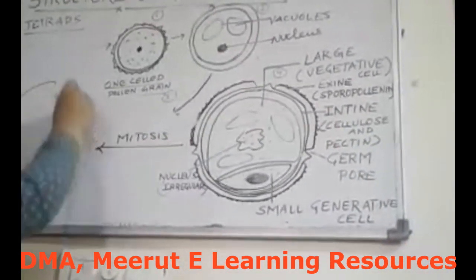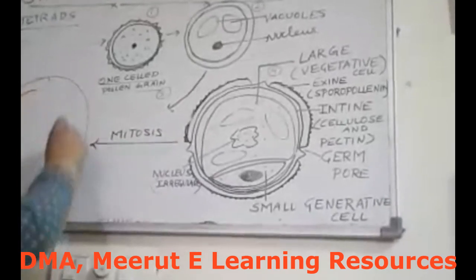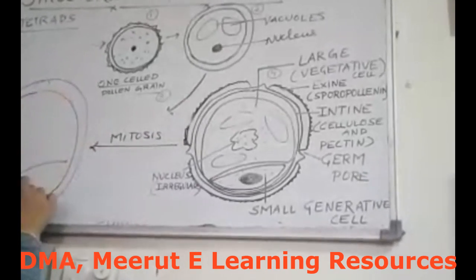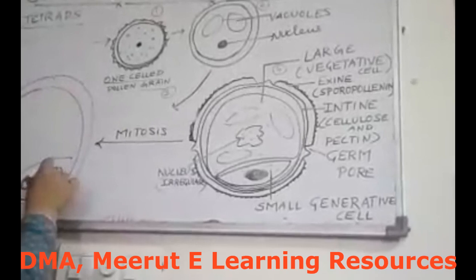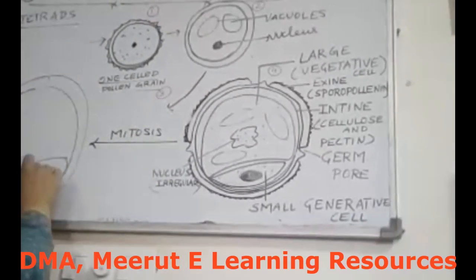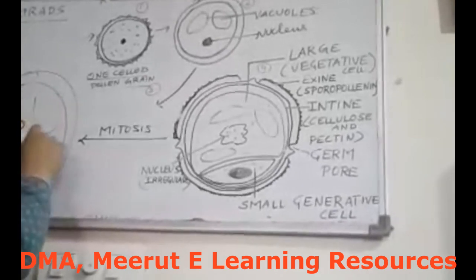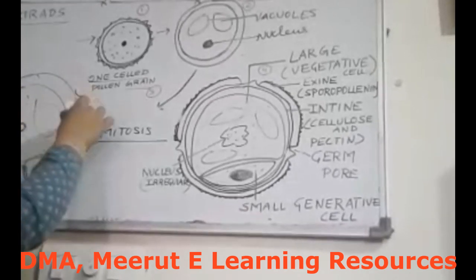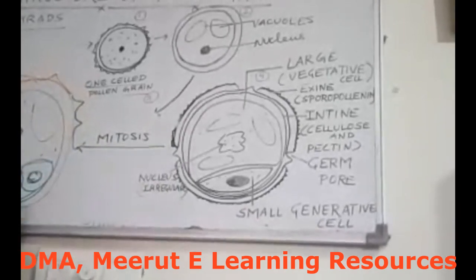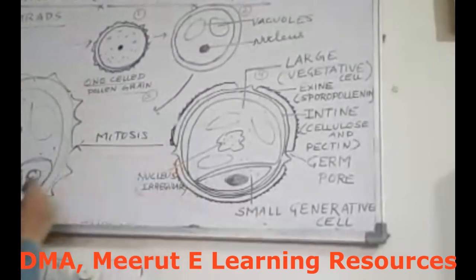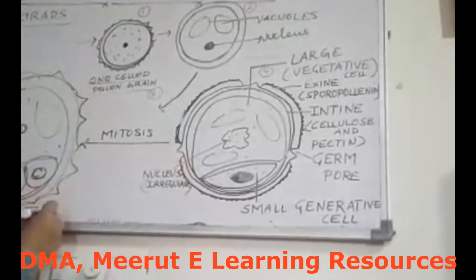It divides into 2 cells. Here you can see 2 cells are formed, which converts the 2-cell pollen grain into a 3-cell pollen grain.